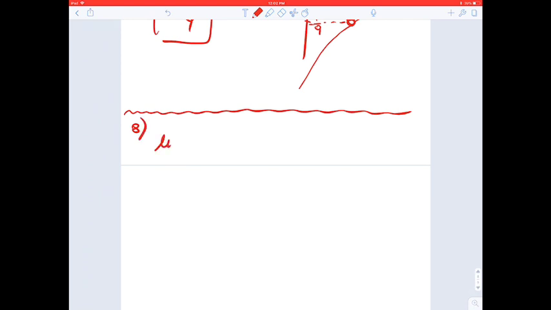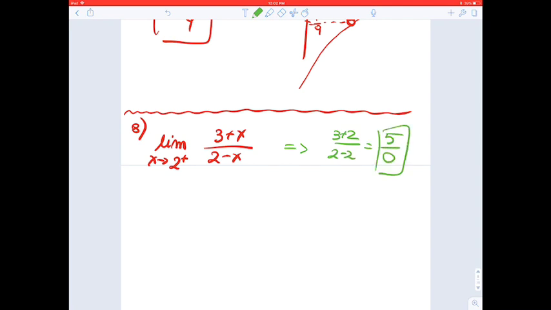Maybe something like that. Limit as x goes to 2 from the right hand side of 3 plus x over 2 minus x. Okay, direct substitution is telling me 3 plus 2, 2 minus 2, 5 over 0. Okay, a little bit different.